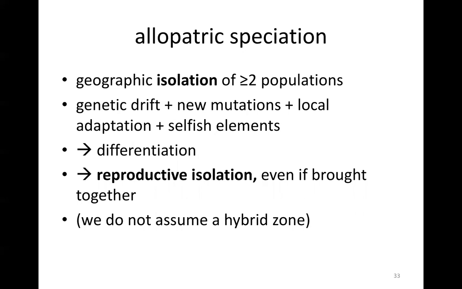We'll discuss this more later, but if we wait enough time, we're sure to have reproductive isolation between the two groups, even if they're brought together, they won't mate or produce fertile offspring. So this is the process.